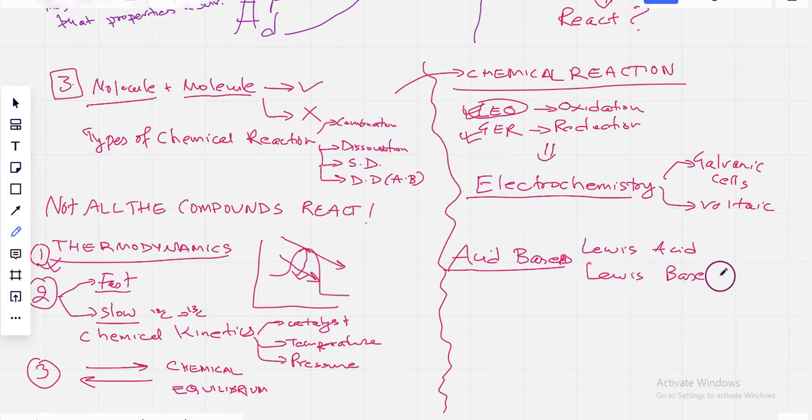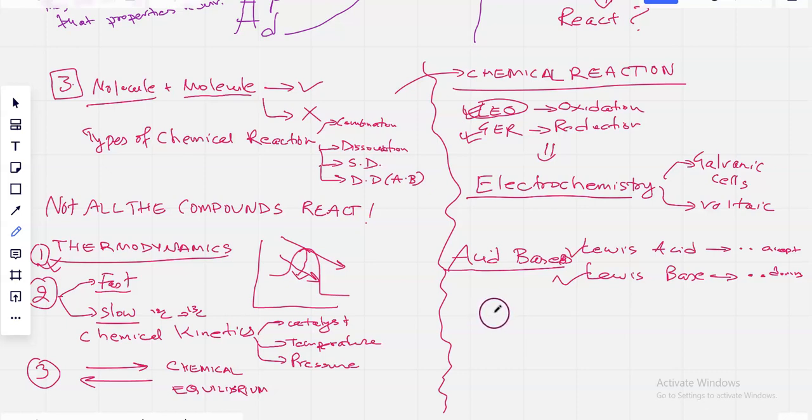So Lewis acid and Lewis base: these are electron acceptors, these are electron donors. Okay, so talk about acid base, talk about the modern Lewis acid base concept. You can also talk about the Bronsted-Lowry acid base concept, and also the initial Arrhenius acid base concept. Okay, so that's acid base.